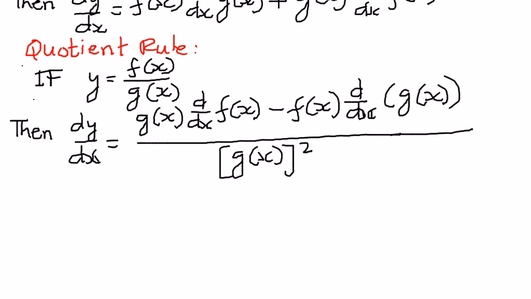So in words, the derivative of a quotient of two functions is equal to the denominator times the derivative of the numerator function minus the numerator times the derivative of the denominator function, all divided by the denominator function raised to the power of 2.